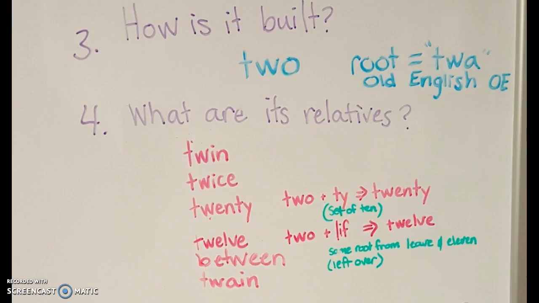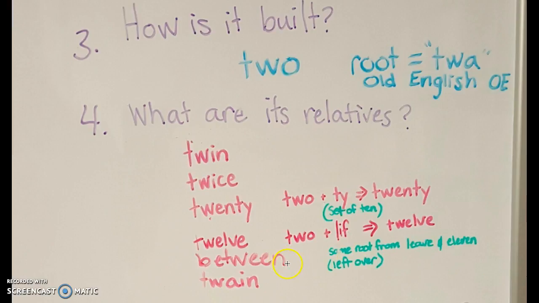12 has two roots as well. It's 2 and lif. Lif is the same root from leave, 11, leftover. And it's kind of meaning that idea of leftover, like 2 leftover from 10, so that's where we get 12. 11 is kind of that 1 leftover from 10.